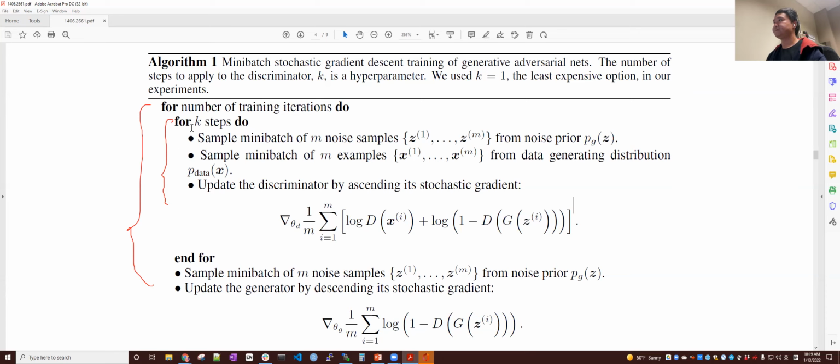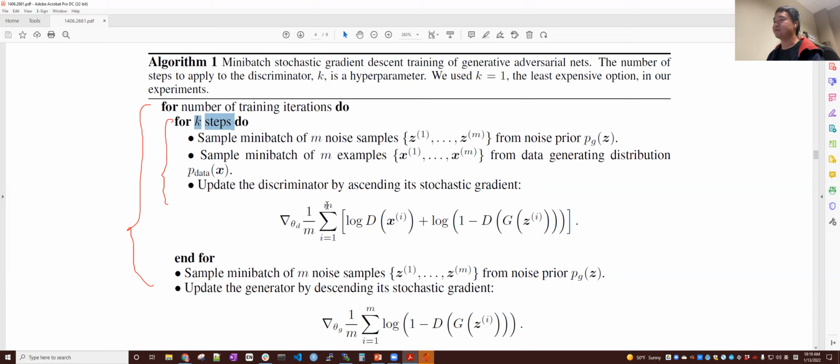For the complexity, for the speed of achieving convergence, this suggests at least k equals 1. K means the number of steps that you train your discriminator. In their empirical result, k equals 1 surpassed the performance.